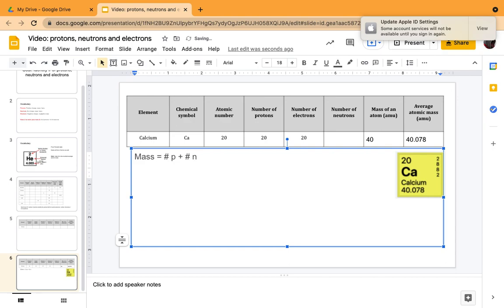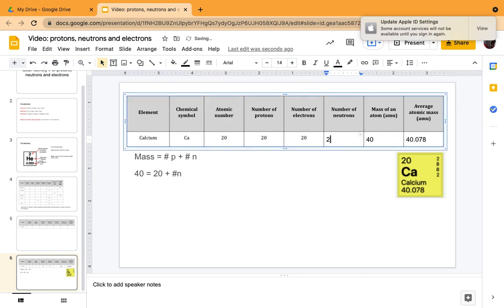So if I know the mass number, which is 40, and I know the number of protons, which says right here is 20, then just using some quick algebra, I can find the number of neutrons. If you do that math, you can double check, it should be 20 neutrons.